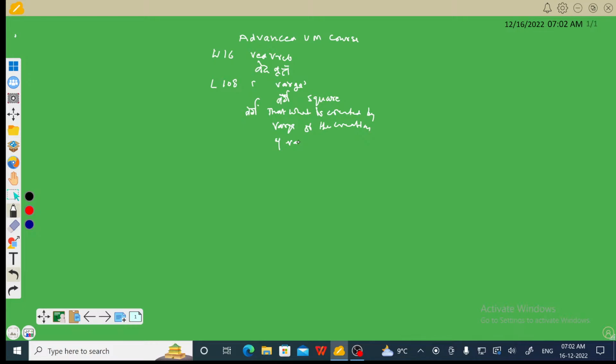Varg, square, is a two-space body, and two-space as dimension creates four space.